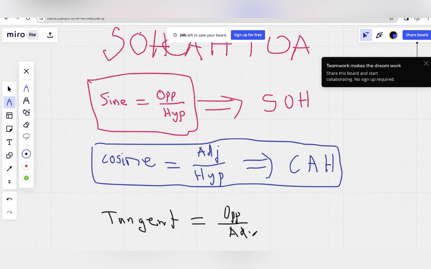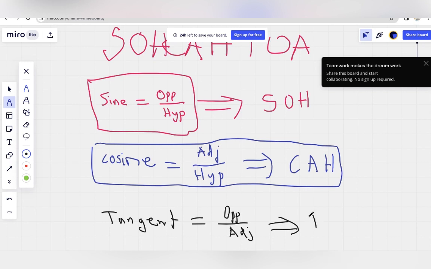Now, which side do we call the opposite, the hypotenuse, the adjacent? We draw the triangle to show each of these so that we know the side we call the opposite, the hypotenuse, the adjacent, whatever side we're talking about.